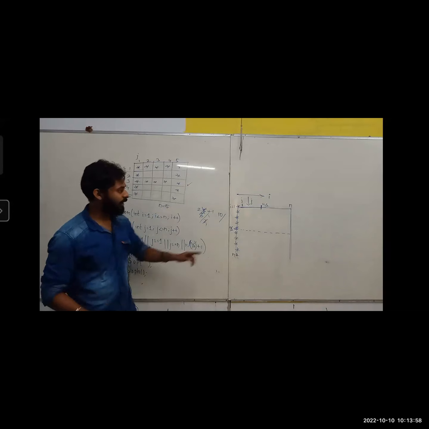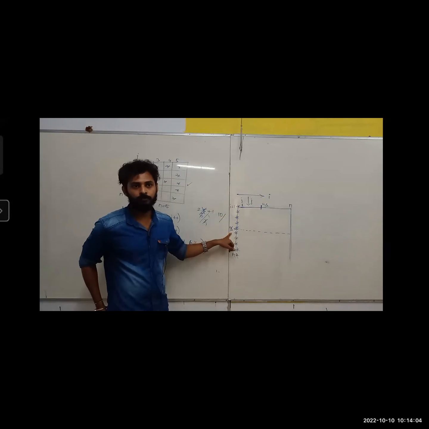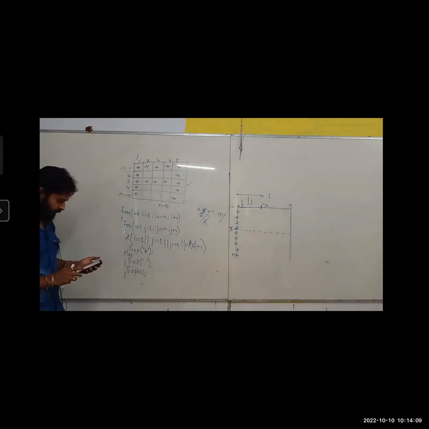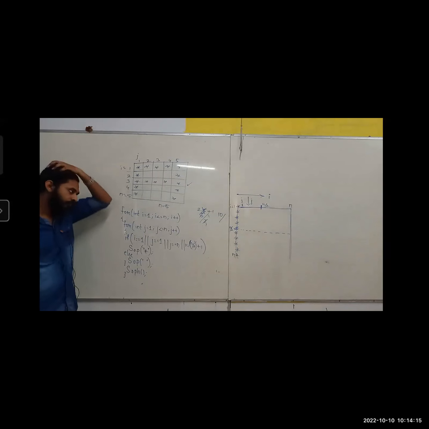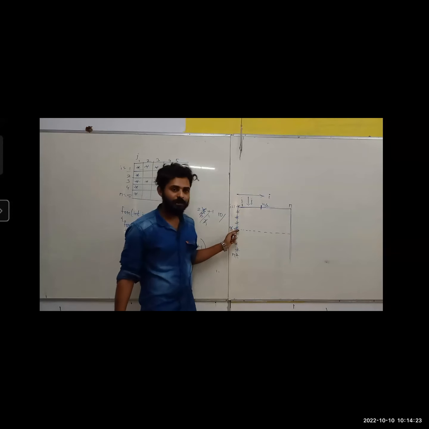Getting my point? In a similar way, this will be your n by 2, and this will be your n by 2. Okay, so next, what should I do? Now I have decided that I should print my line here.